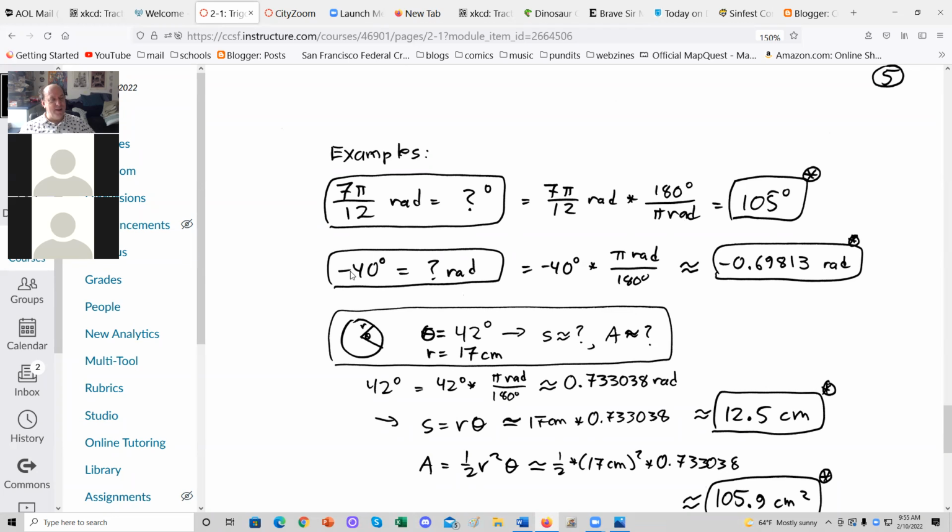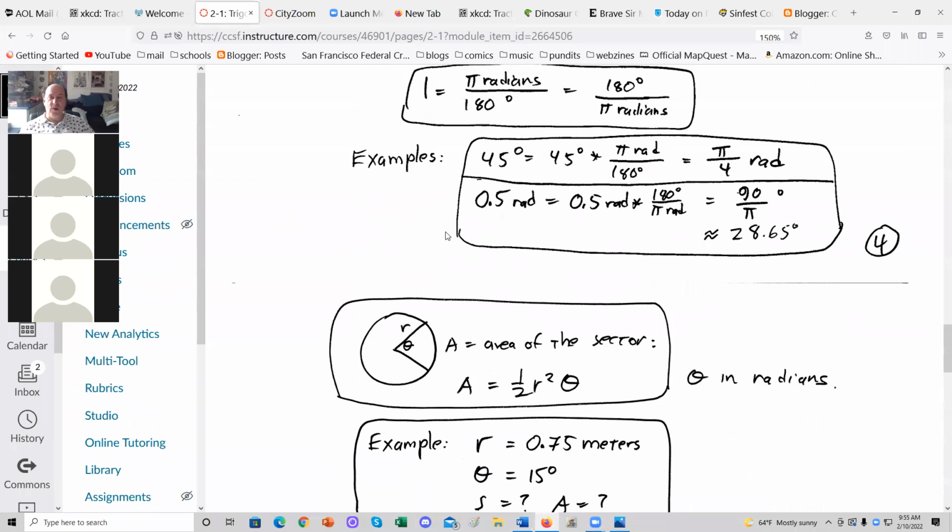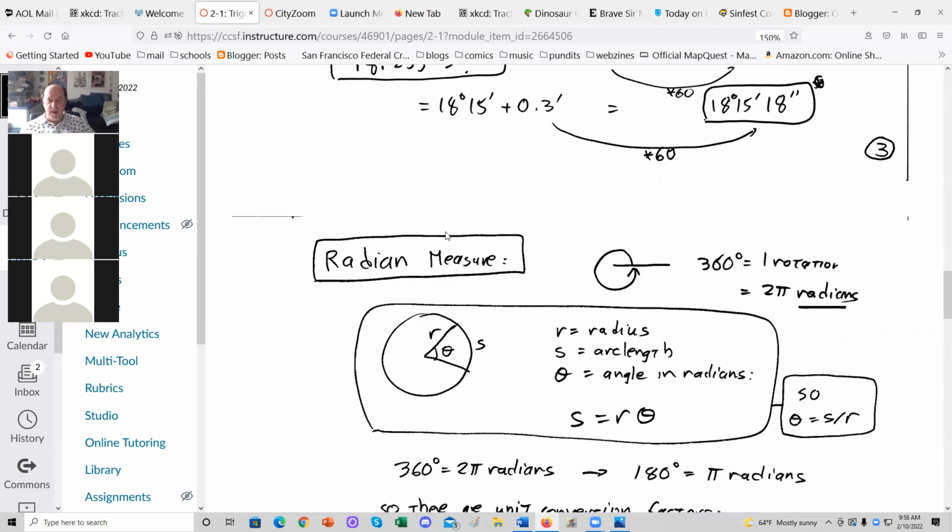Question? Teacher? Yes, sir. Earlier, when you said the 360 degrees are 2 pi radians. Yes. Why is that? Well, again, let's go back, thank you for asking. Okay, so start with a circle, you see, and has a radius r, and let's go around 2 pi, a distance, arc length of 2 pi.